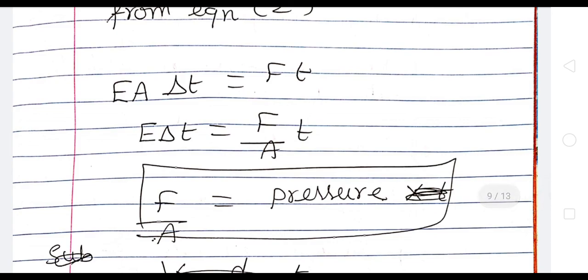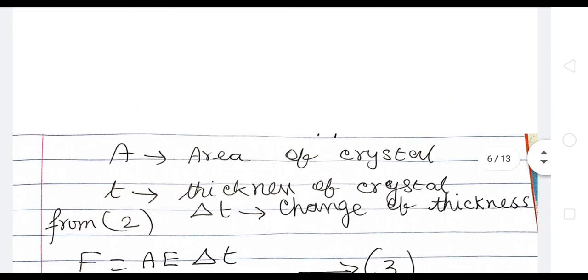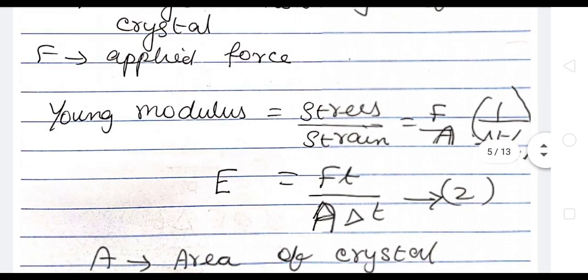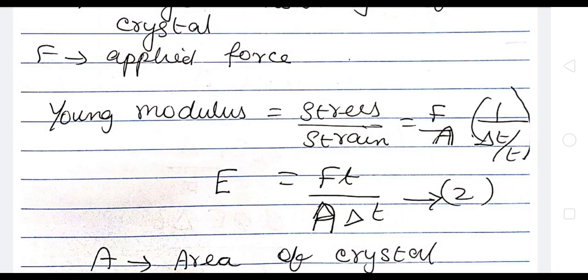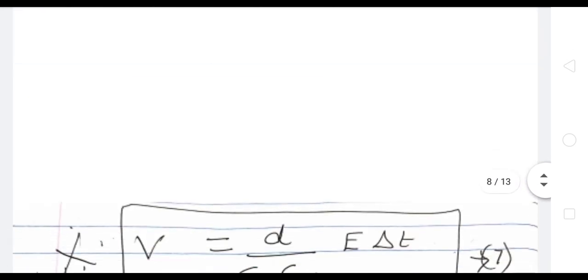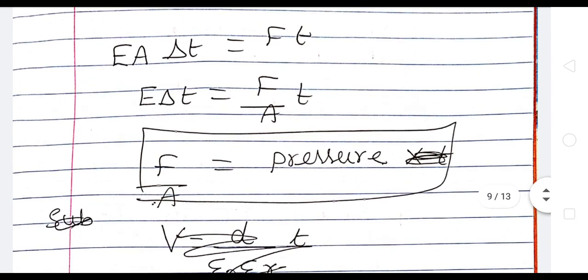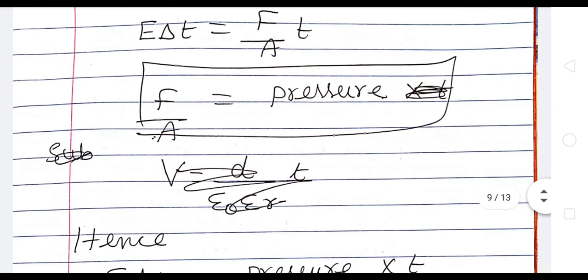Otherwise, from equation 2 we can obtain E into del T as F by A into T. E into A del T is equal to F into T, or E del T can be represented as F by A into T, that is force by area, which is nothing but pressure.